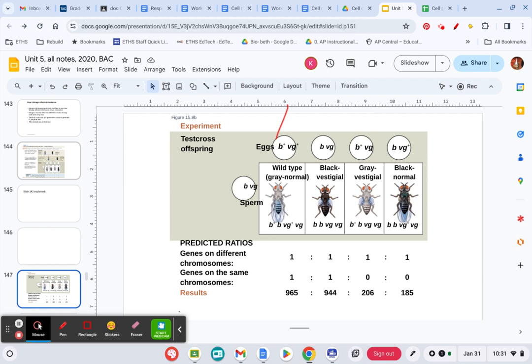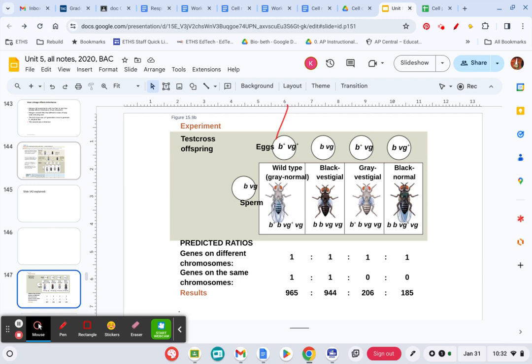But if the two traits were found on genes close on the same chromosome, then the offspring shouldn't look like anything except the parents. Because when crossing over happens, if they're on the same chromosome, they tend to break off and be passed over as a package deal to the other chromosome.